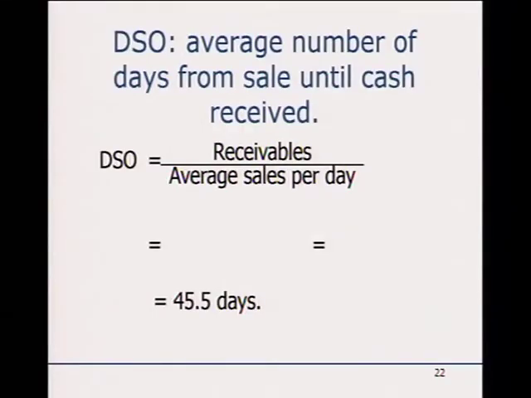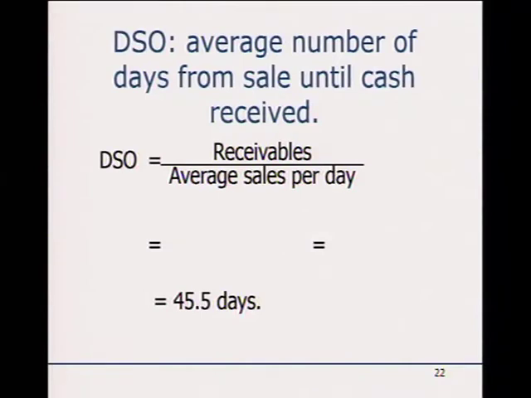The formula for DSO, days sales outstanding, is receivables divided by average sales per day. So we need to know our receivables. Where do we get the receivables? From our financial statements, of course. But which one? Receivables, we get them from the balance sheet. Then how do we get the average sales per day?